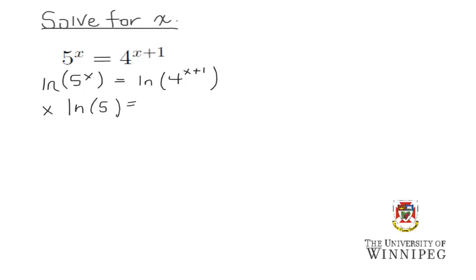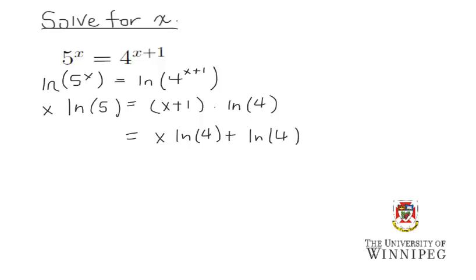On the right-hand side, with ln of 4 to the power x plus 1, be careful here, we have to bring down the entire power x plus 1 and multiply this by ln of 4. I'm going to expand through the right-hand side so that we get x times ln of 4 plus ln of 4.